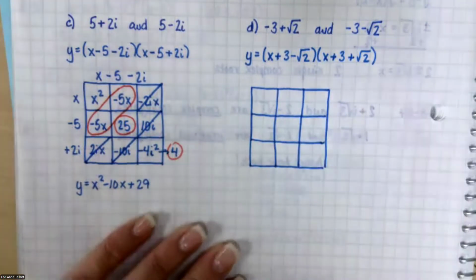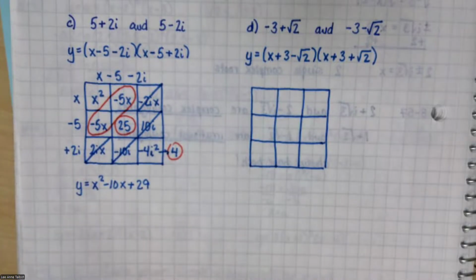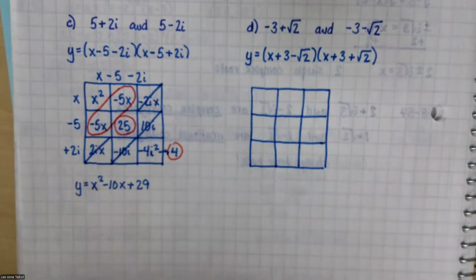I want to note real quick, especially on the video, that for the quiz, it specifically says leave in factored form. You don't have to multiply it out for the quiz, just factored form.